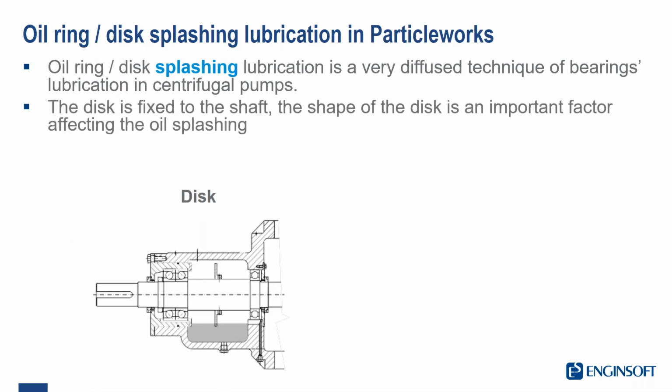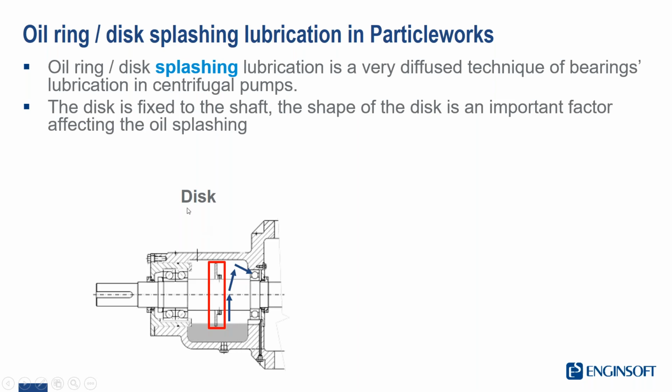So let's explain in detail what this method is about. The idea is to have some rotating elements that get in contact with the oil bath, and due to the splashing that occurs after the interaction, we can have a directional flow, also helped and guided by some specifically designed channels, towards the bearing area.